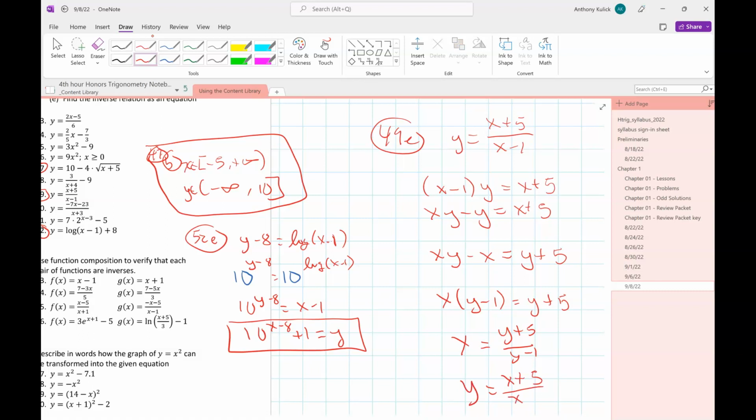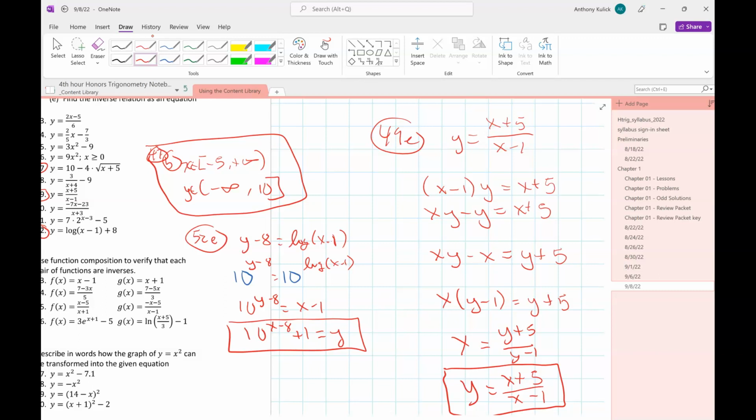what do I notice? It's the same as f of x. This function is its own inverse. Whoa! Bet you didn't think that could happen. That's pretty neat.